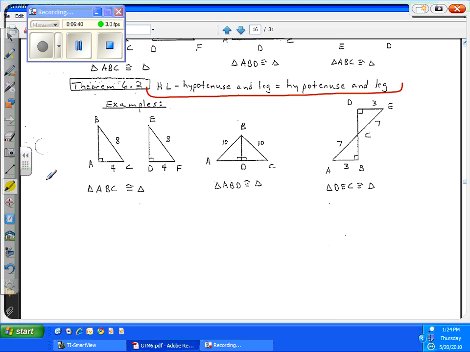So when we look at hypotenuse leg, what we have is that this right angle is equal to a right angle, so that gives us an angle. And then we've got the very next side, very next side, very next side, very next side. Now, that gives us, and we'll write it in reverse order, looks nicer on the board, that gives us a side-side angle.